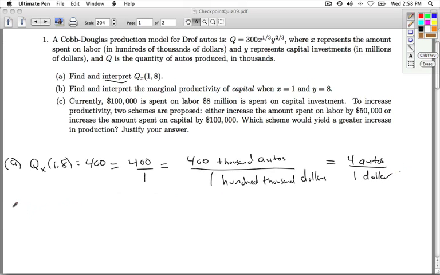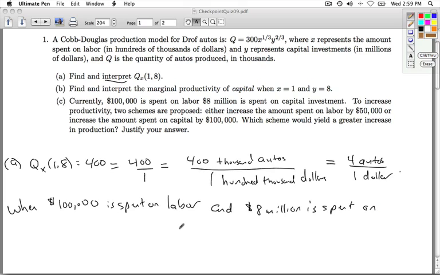So putting it all together, when $100,000 is spent on labor and $8 million is spent on capital, the amount of cars or autos produced is what?